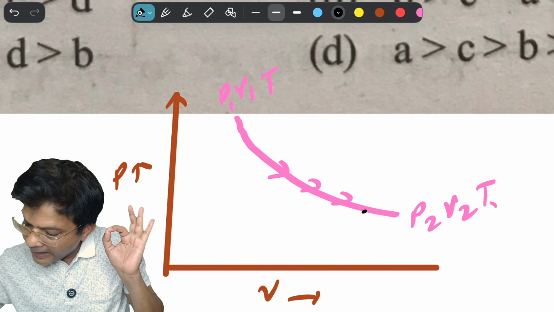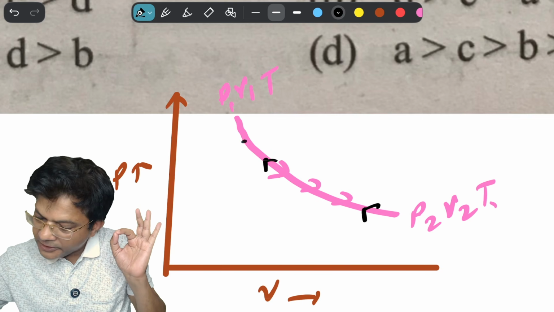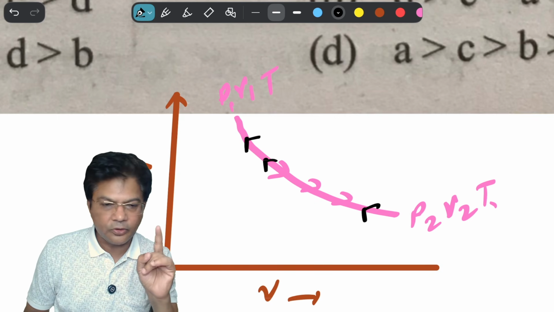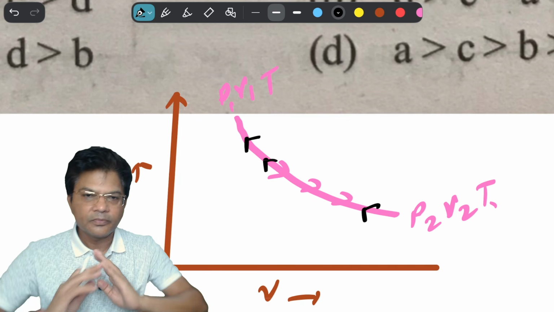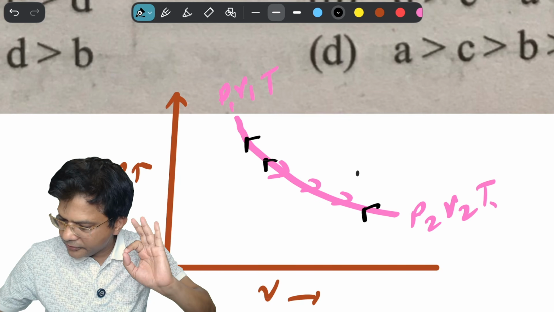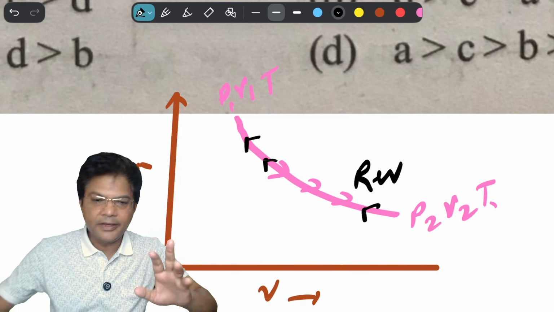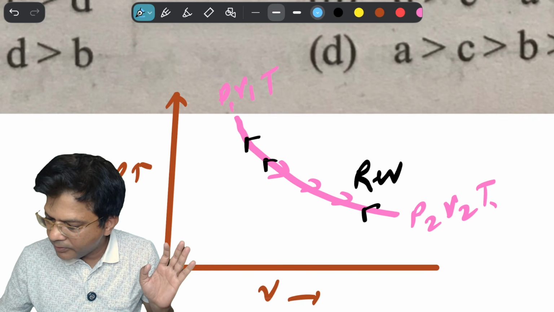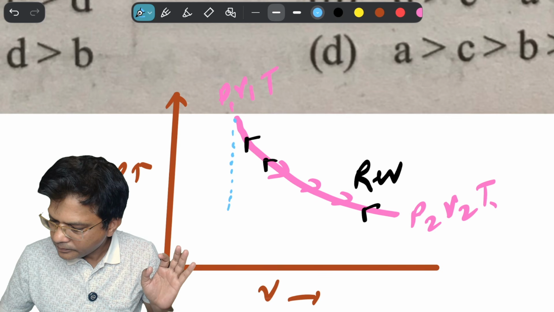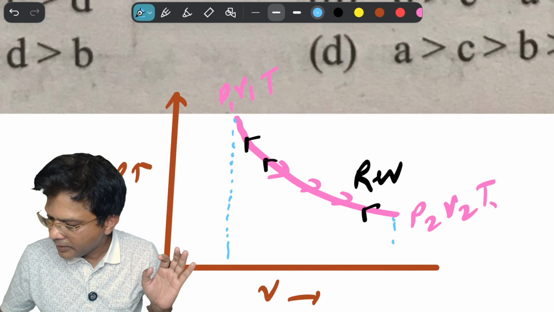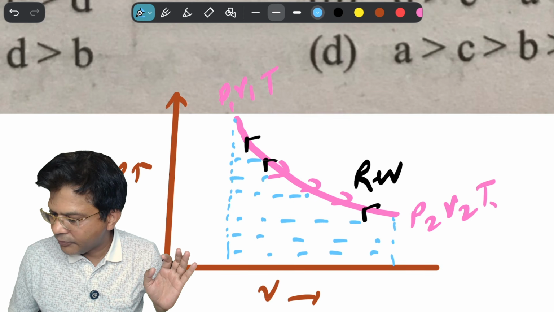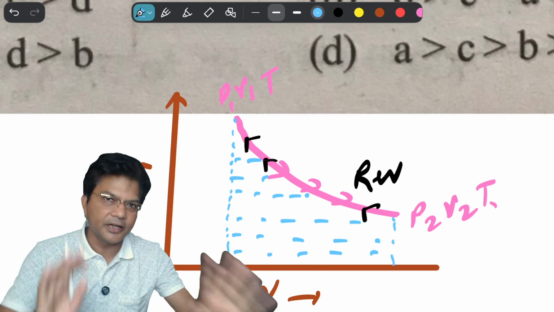If I come back, that will be compression. So if you do not consider the sign, then the work done in reversible process either during expansion or compression, that magnitude will come same. How much? This much magnitude will come. Left to right work done by the system, right to left work done on the system, area under the graph.